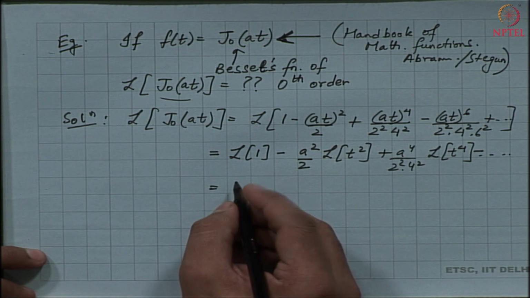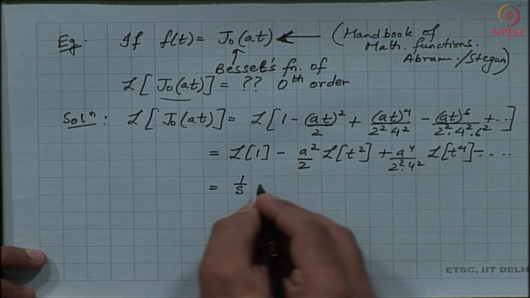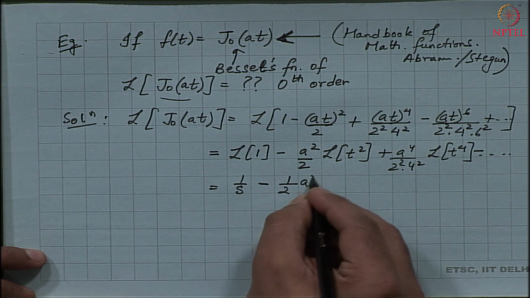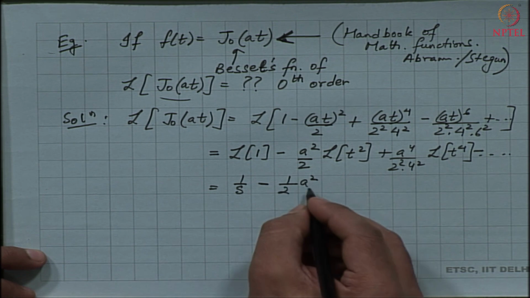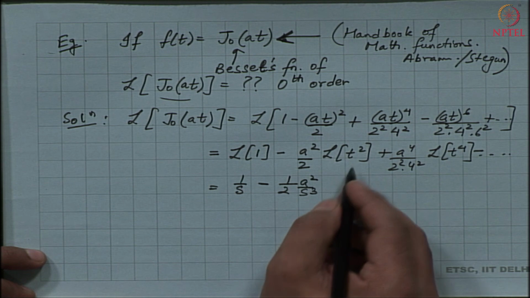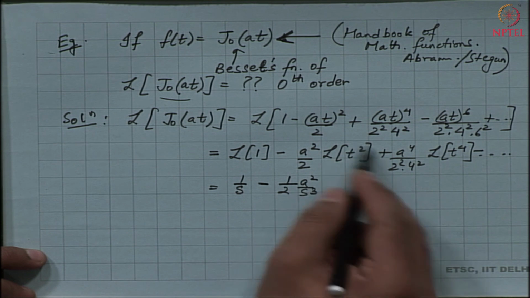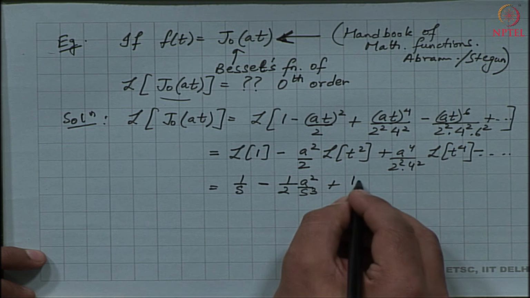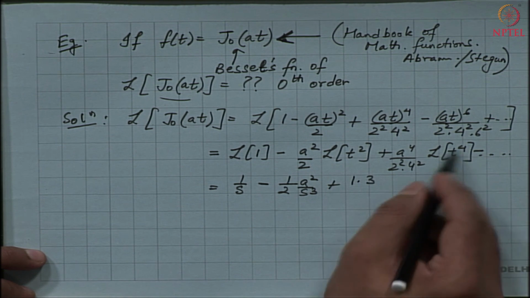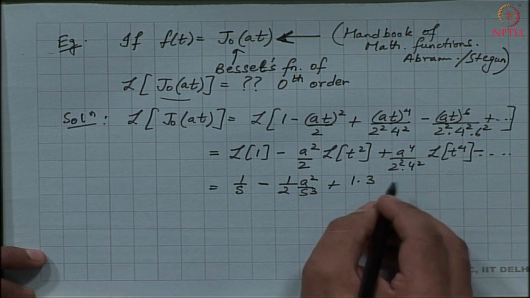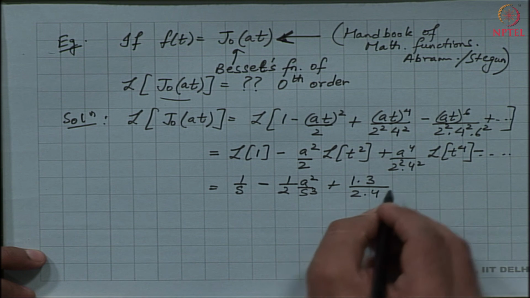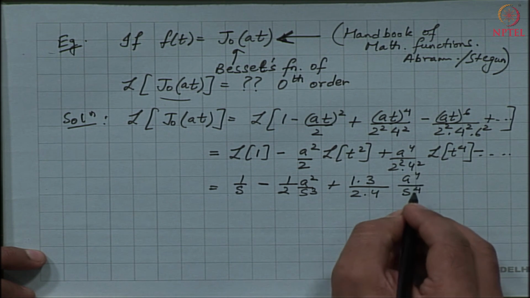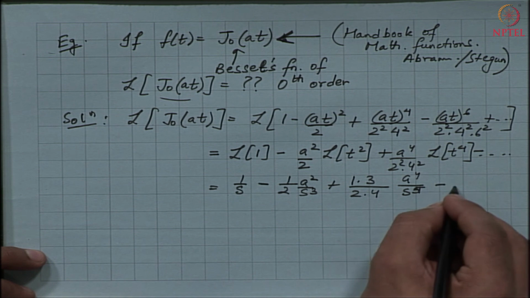I get that this is equal to 1 by s minus 1 by 2 a square by s cube. I am just using the expression for the Laplace transform of t to the power n, and I get 4 factorial in the numerator divided by 2 square times 4 square, a to the power 4 by s to the power 5, minus and so on.